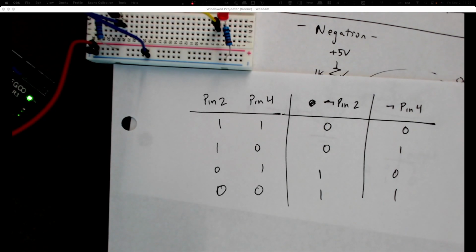It should have been on the collector. And then this resistor should have been on the base and one of the two pins up there. It doesn't matter which one. Okay. And then we need to connect the emitter to ground and the LED to the base, which is here.